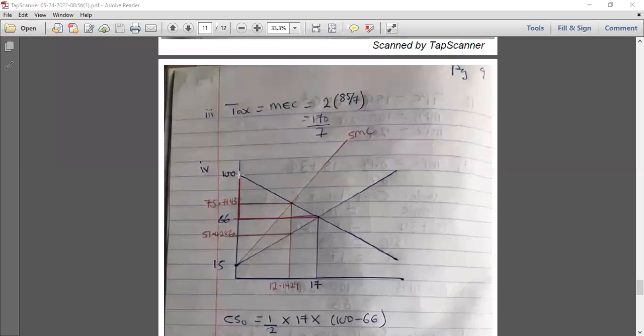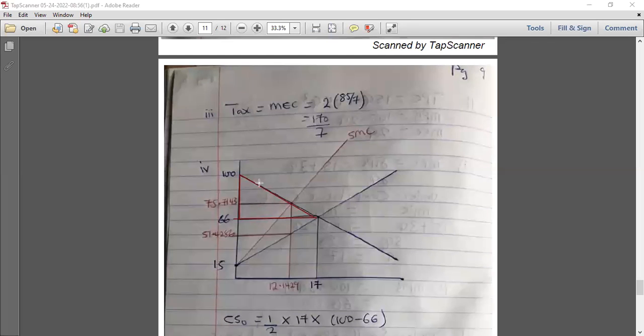So just like we did for the first one, find the area of this triangle here, which is half base times height. The height is the quantity. Sorry, the base is the quantity and the height is the difference between this intercept and the price. So this is the initial one, the initial CS.